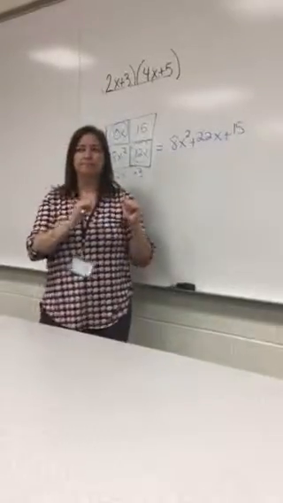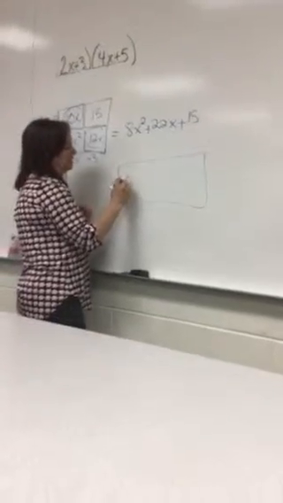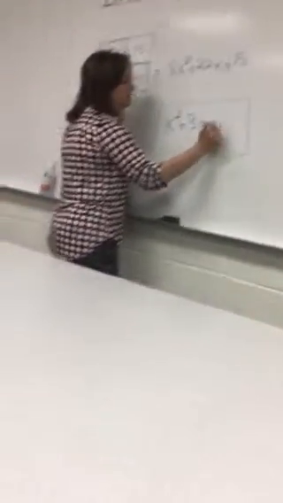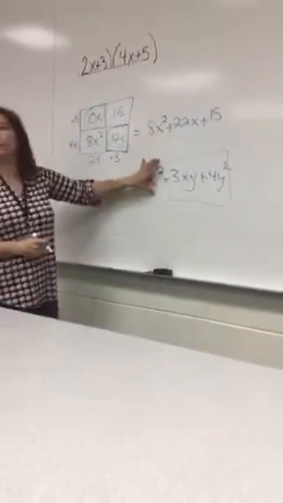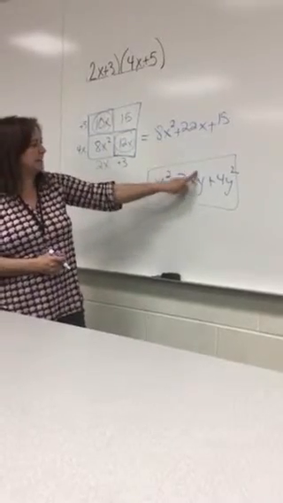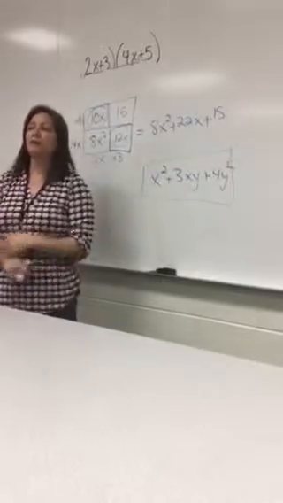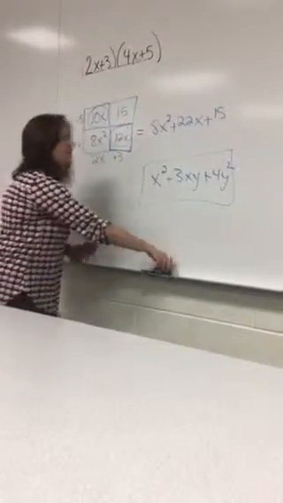Let's say I had x squared plus 3xy plus 4y squared. See how my x squareds went in descending order? X squared, and then this is x to the first power, and then this is x to no power. So generally, that's how we write it, okay? All right, cool with that?